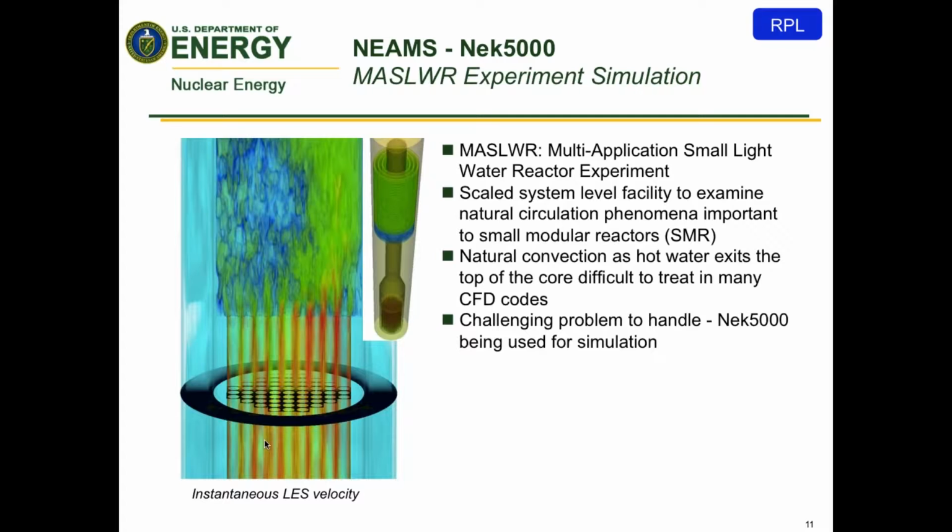Here again, in this area, the reactor product line validation is key. It is for all our codes. This slide here depicts the graphic from the multi-application small light water reactor experiment, and this is applicable to natural circulation phenomena important to small modular reactors.